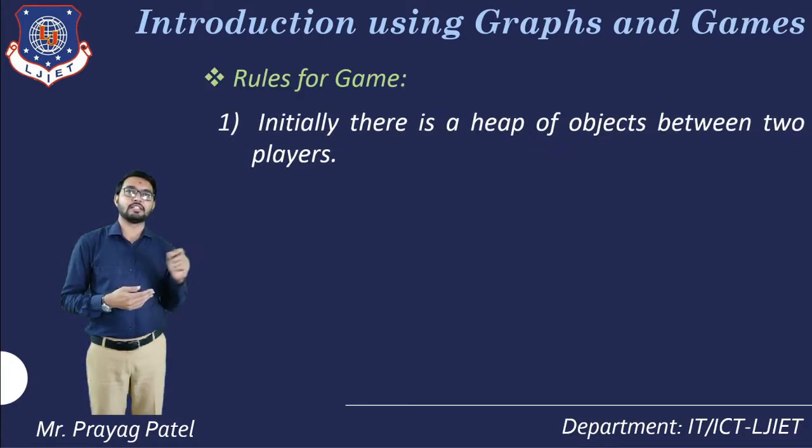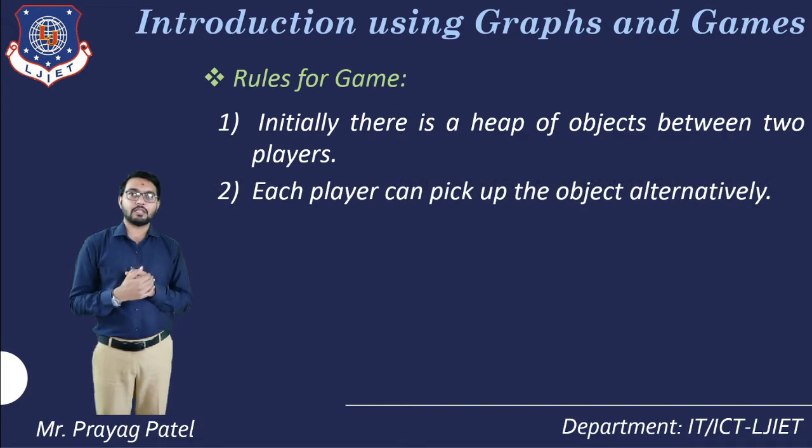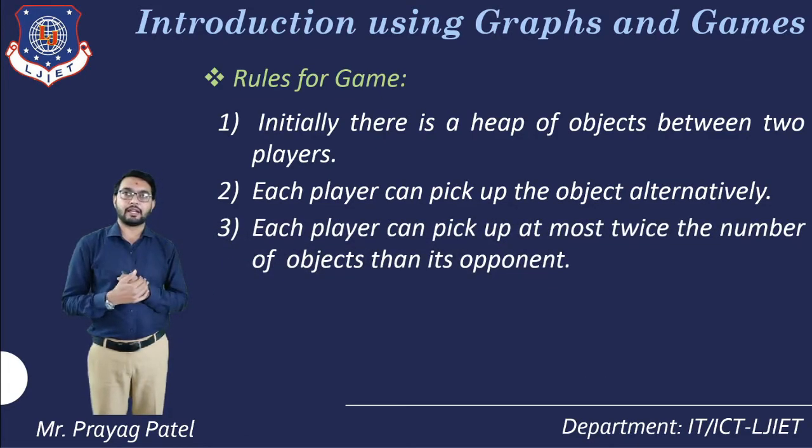First rule is initially there is a heap of objects between two players. Means here consider the two-player game. Now second step is each player can pick up the object alternately. Means first the first player selects, then next the second player selects. Like this, alternate turns are there.